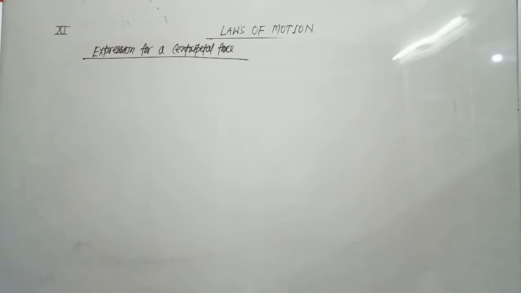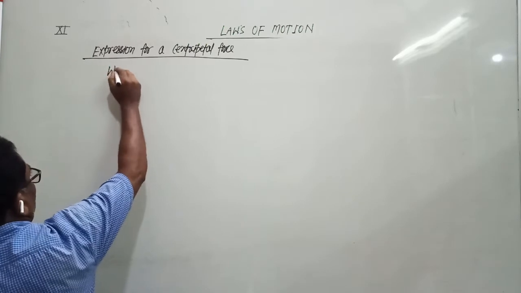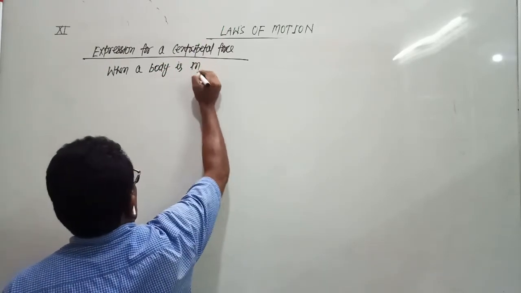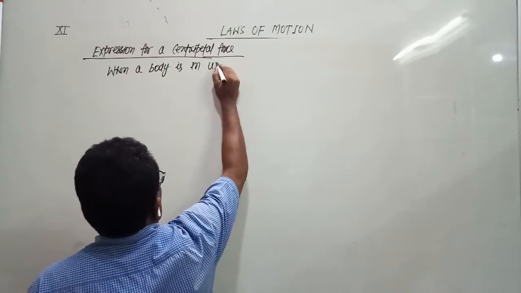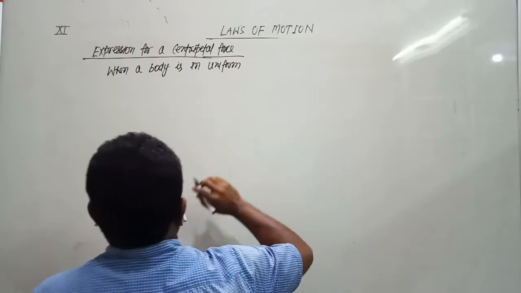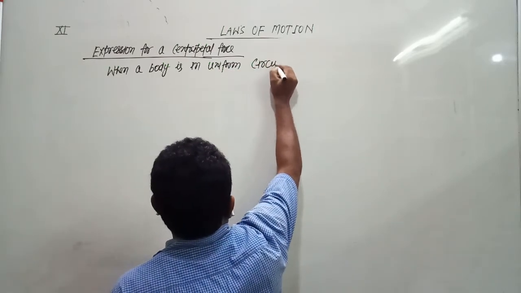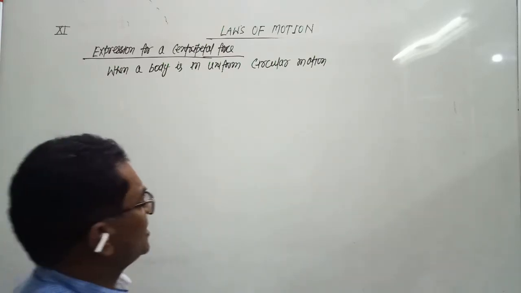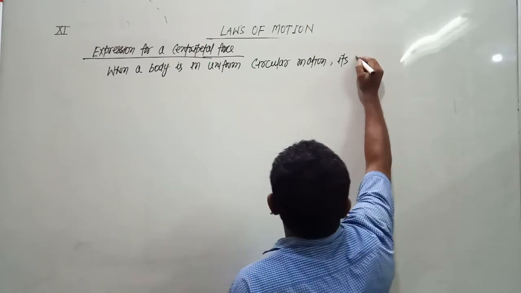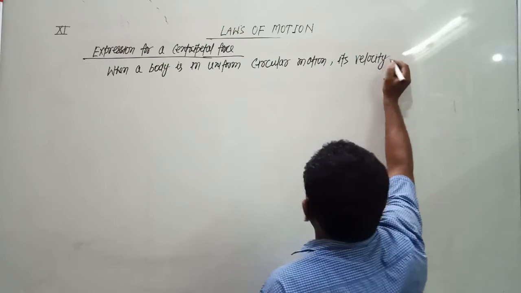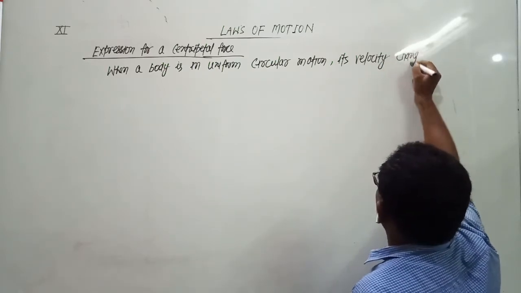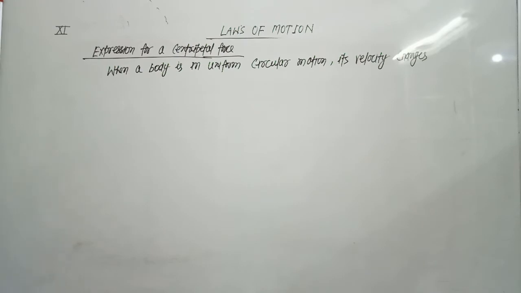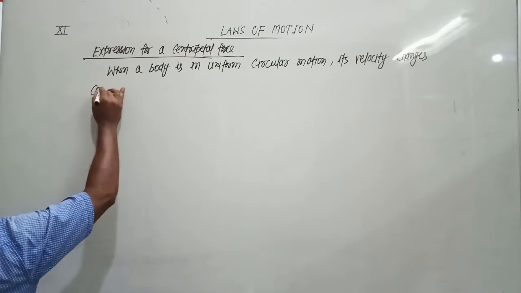When a body is in uniform circular motion, its velocity changes continuously.